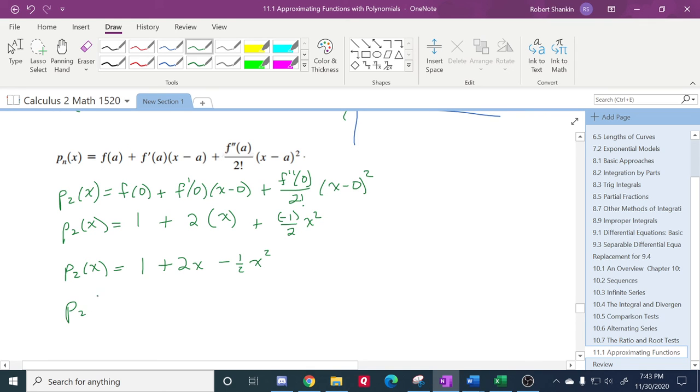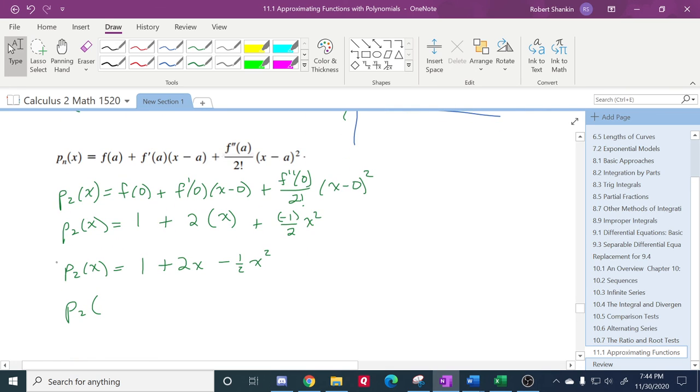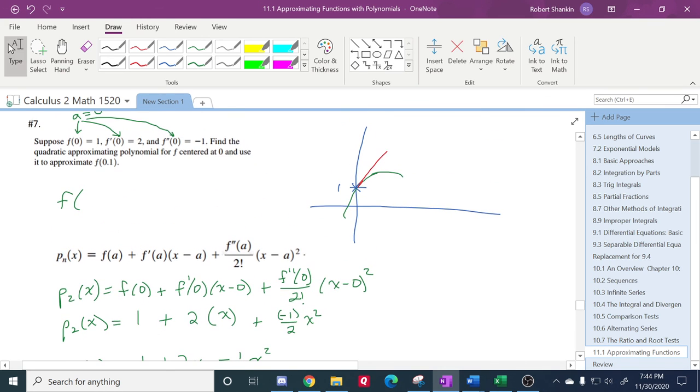P2, it asks us to approximate f at 0.1. P2 at 0 plus 0.1. This is my a, this is my delta x. We're projecting into the future from a, is one way you could view this. When we project into the future, start with the current height.